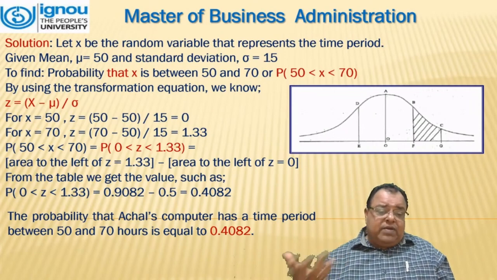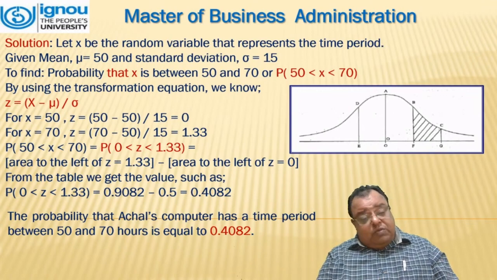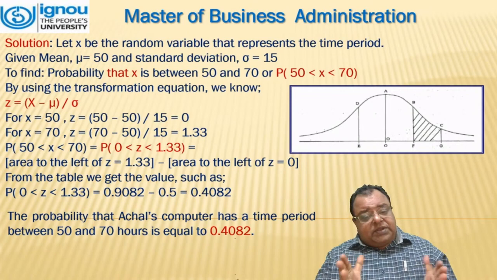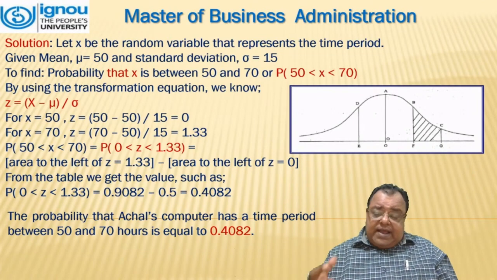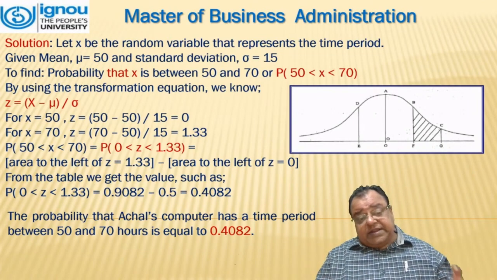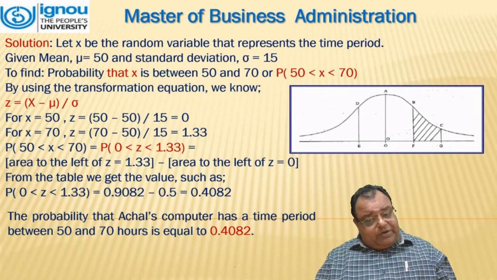From the table, the value for z equal to 1.33 is 0.908, and 0.908 minus 0.5 comes out to be 0.408. That means the probability that Achal's computer has a time period between 50 and 70 hours is 0.408.